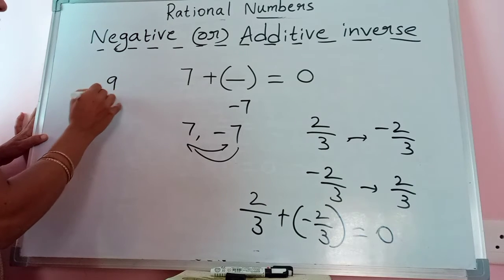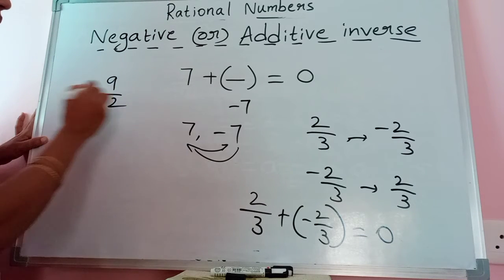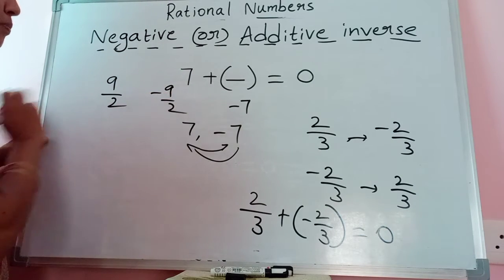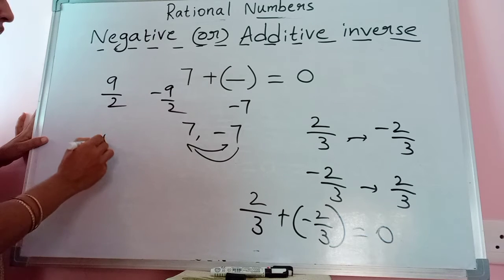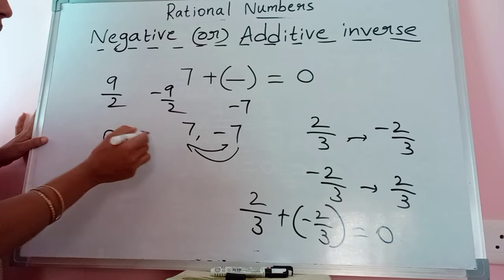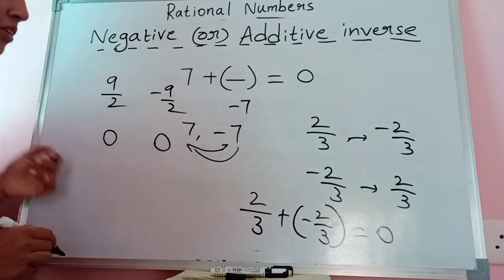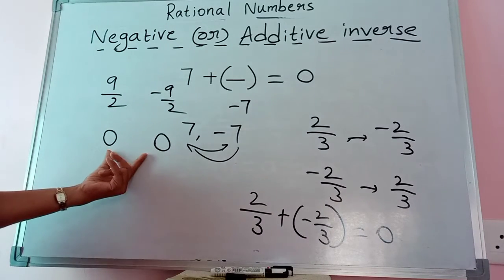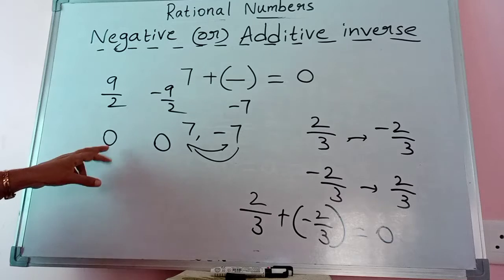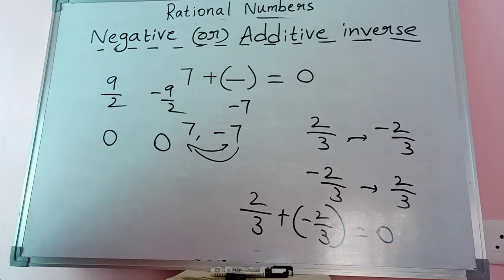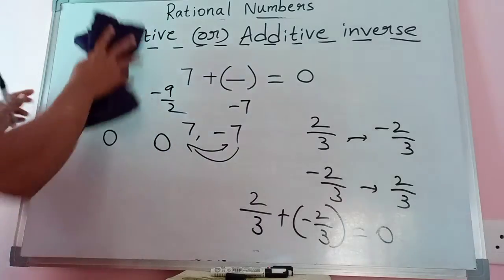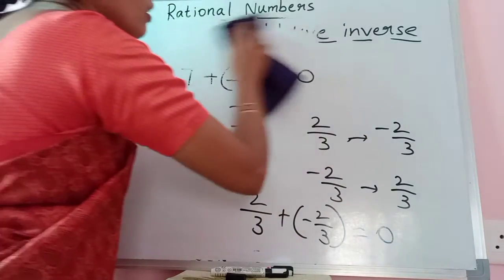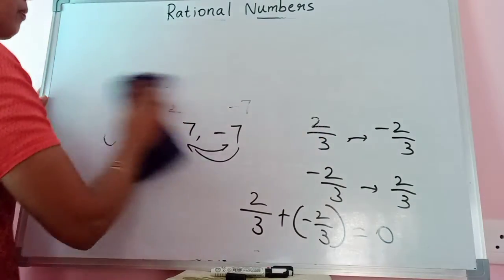What is the additive inverse of 9 by 2? Yes, minus 9 by 2. Now what is the additive inverse of 0? Yes, it is 0 itself. But we won't write minus 0 or plus 0; 0 doesn't have any symbol. This is about the additive inverse. Next we will see the reciprocal or multiplicative inverse.